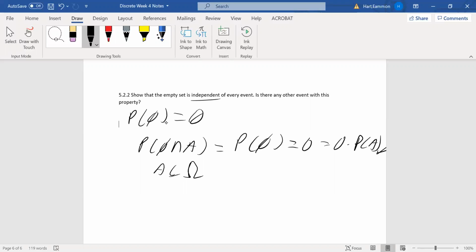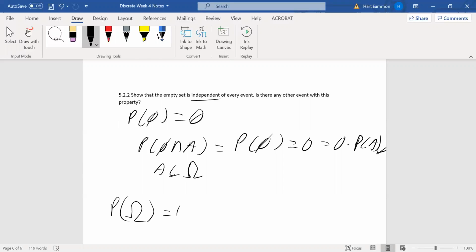Is there any other event that has this property? Yes, there is. There's another set that this works for, and I'll give you 3 seconds to guess. Pause, whatever. And it is omega. So the probability of omega is equal to 1.